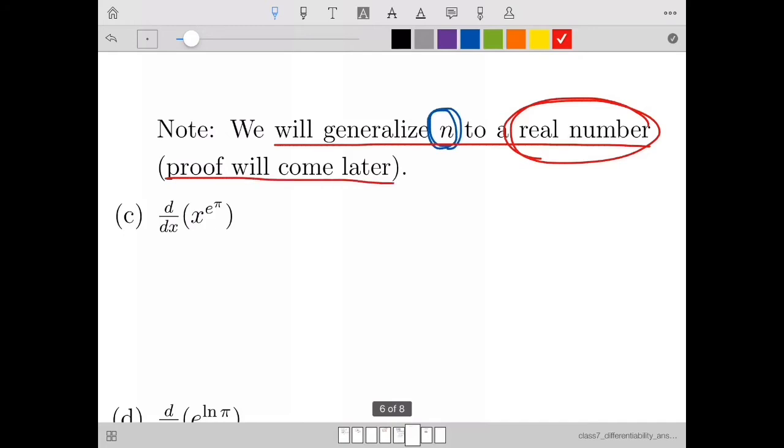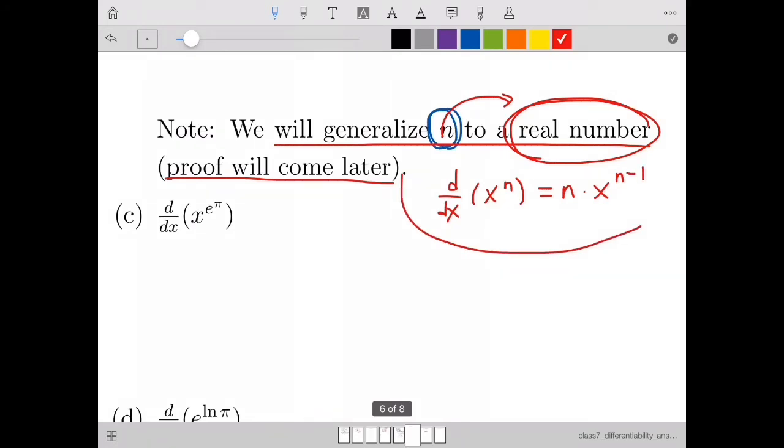Okay, so for now, just accept that when n is even a real number, the derivative with respect to x of x to the n is still n times x to the n minus 1. Okay, so just accept it for now and we'll prove it later when n is any real number. N is real.